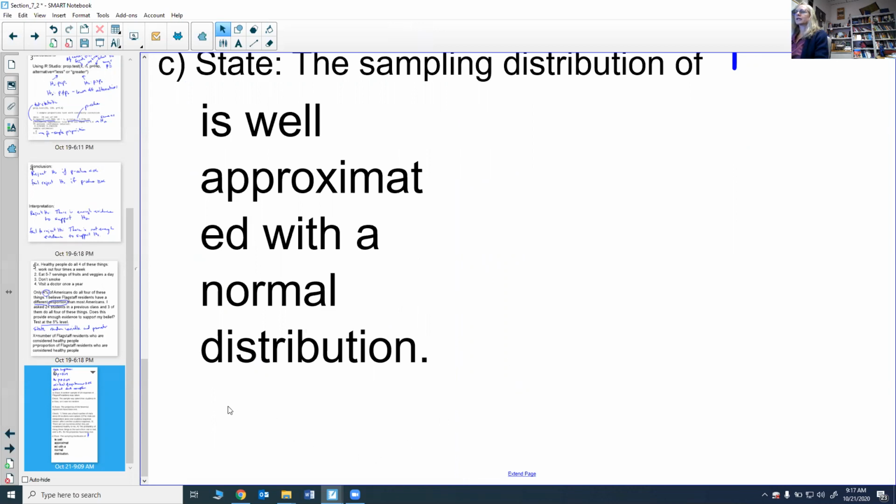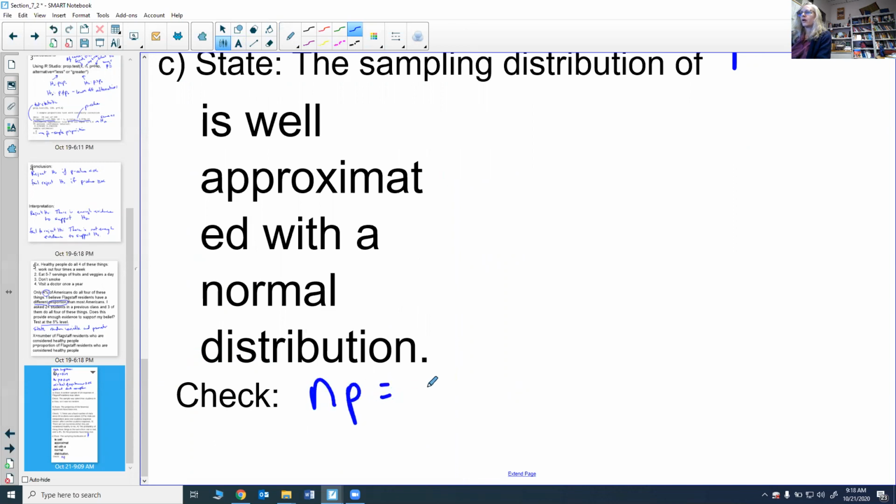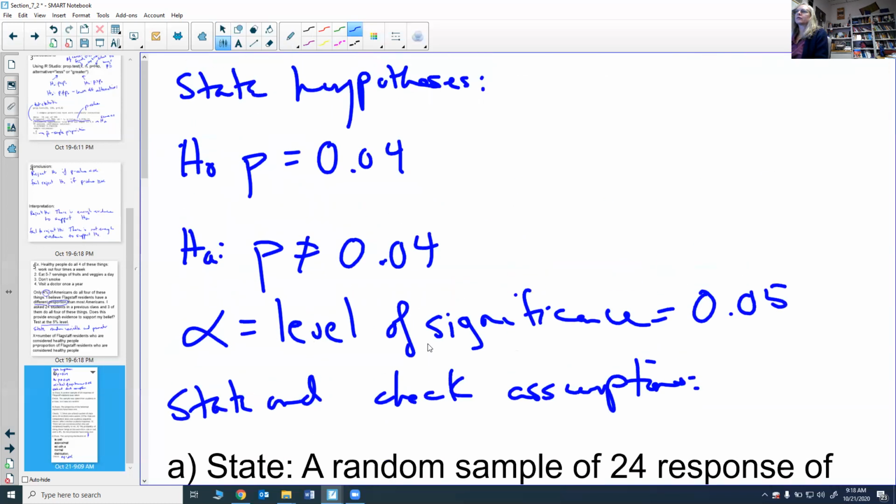All right, so the check here is where we look at n times p and n times q. So the n times p would be, we had 24, and remember our H0 says that p is equal to 0.04.